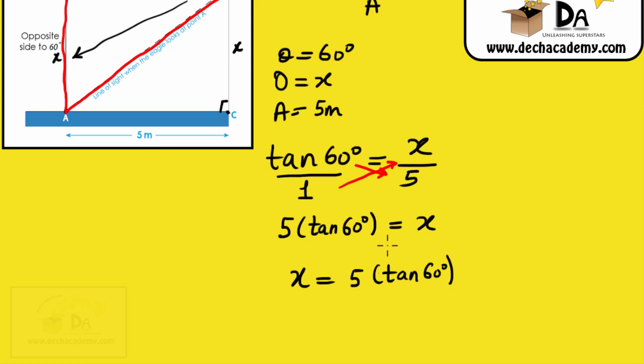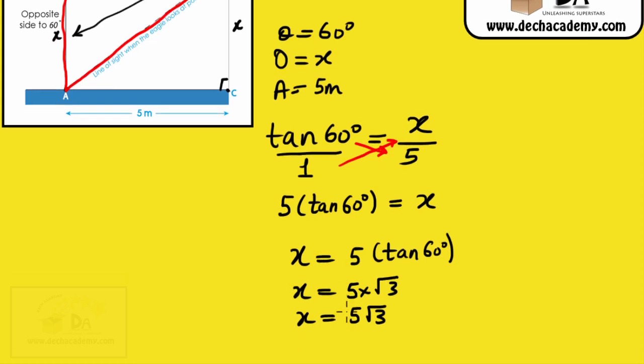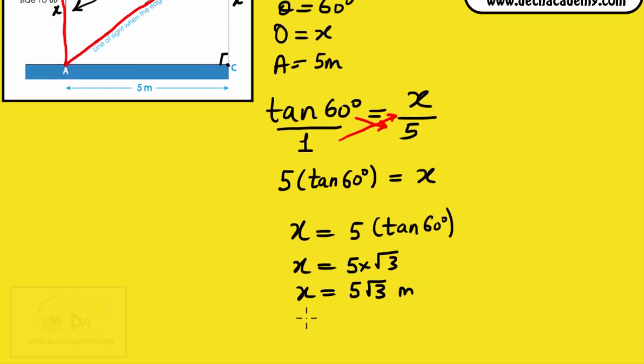What's tan 60 degrees? Tan 60 degrees is the square root of 3. So X is equal to 5 root 3 meters, and that's the distance we're looking for. If you want to give a decimal, X is equal to 5 times root 3, which on a calculator is 8.66 meters.